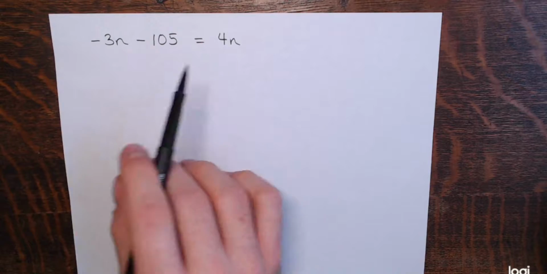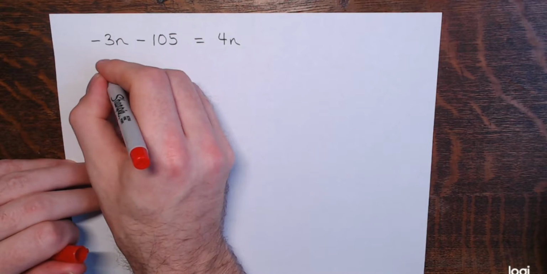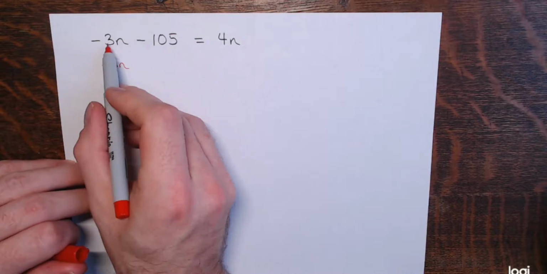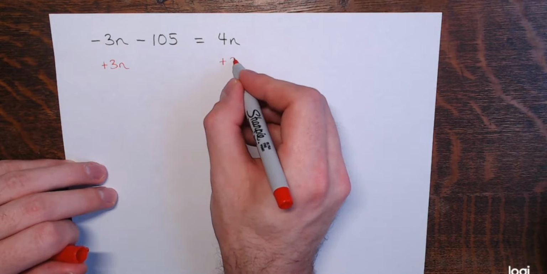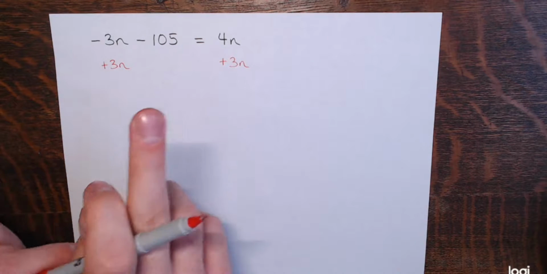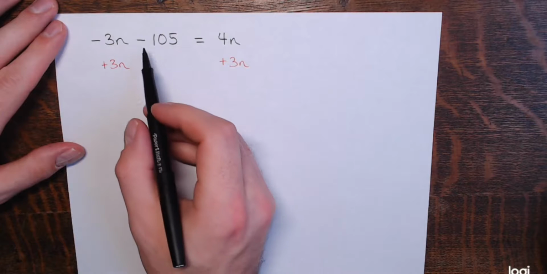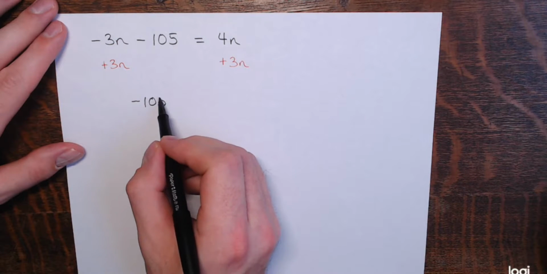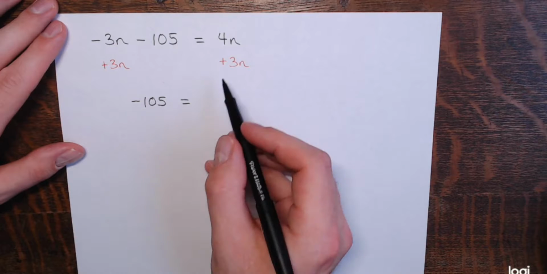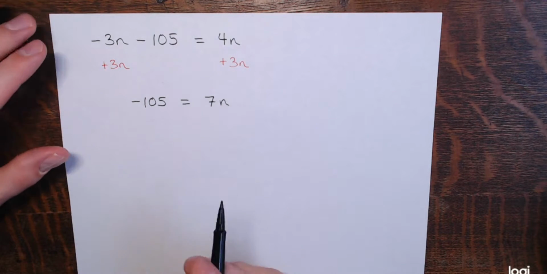Let's just add 3n and see what happens, right? -3n plus 3n, that'll get rid of the 3n on the left side and take it to the right side, and then we combine like terms, and again you simplify after every move. The left side is simply a number now, just the term negative 105. And the right side is 4n plus 3n, 7 times n.